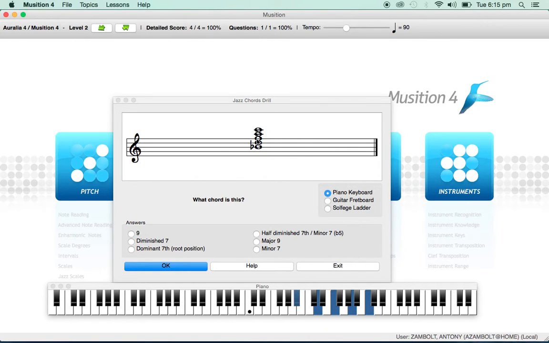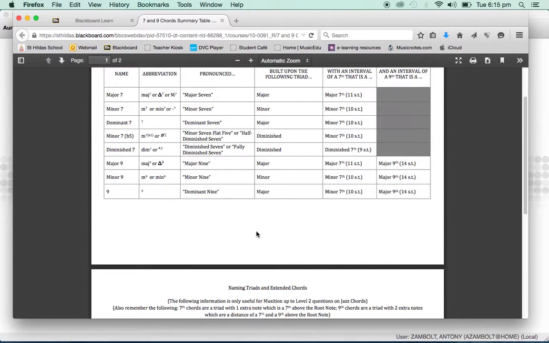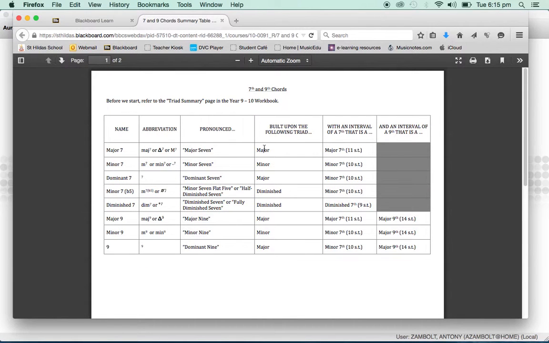Okay, so we've got a major triad at the bottom, and then counting from the bottom 1, 2, 3, 4, 5, 6, 7, 8, 9, 10, 11 semitones. So far, we've got a major triad at the bottom, could be any one of these ones, followed by 11 semitones, a major seventh.